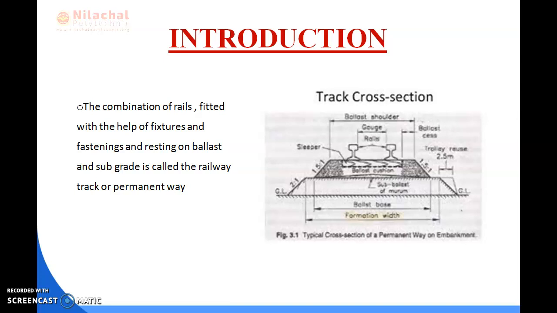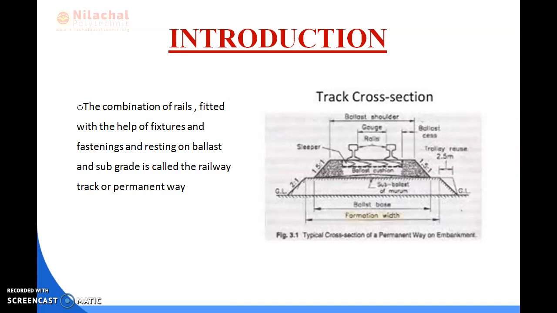So basically permanent way means the combination of rails fitted on sleepers with the help of fastenings, resting on the ballast and subgrade, is called the railway track or permanent way. So the rail is fitted with sleepers by fastening material, and rests over the ballast and subgrade.